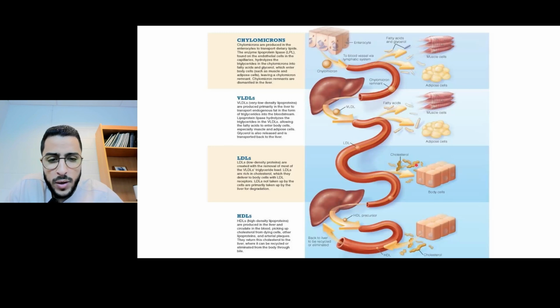The LDL will go to the body cells and release some cholesterol, and then the remnant of the LDL will come back to the liver to form the HDL, and the HDL will go to the body cells and pick up whatever cholesterol was left behind, not taken by the body cells, and bring it back to the liver to deal with cholesterol.